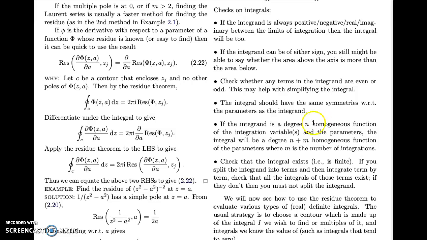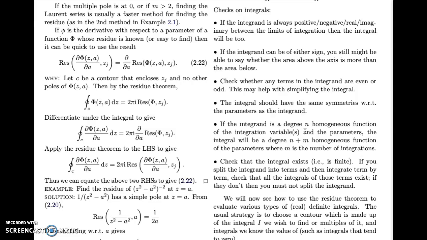Okay, so if you're dealing with homogeneous functions, you can think of the parameters and the variables as having dimension, and this is a useful check because the dx acts as another thing with a dimension. Really what you're doing when you're integrating is finding the area.